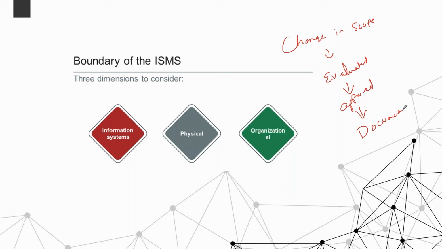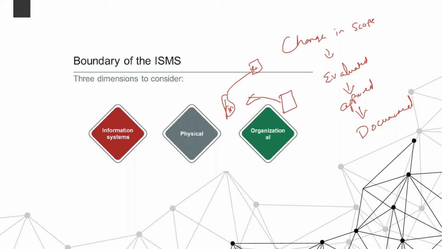So again, the new scope will be defined and sent for approval to the top management, and that will be stored as a document if there is any change to the ISMS scope, or change to an existing scope.